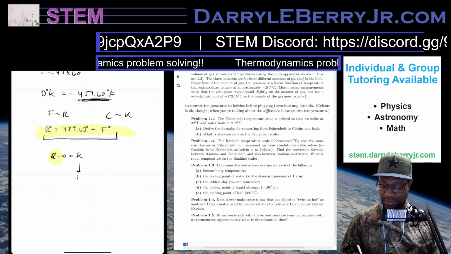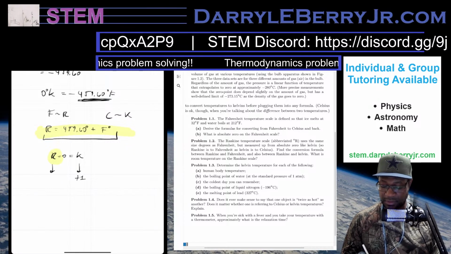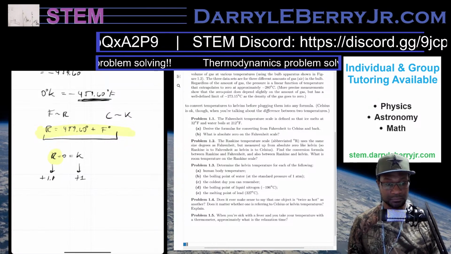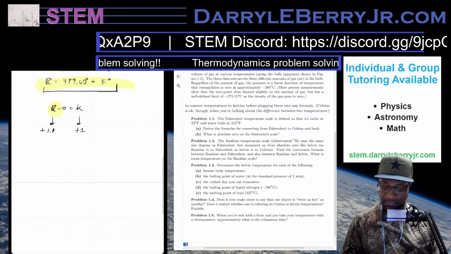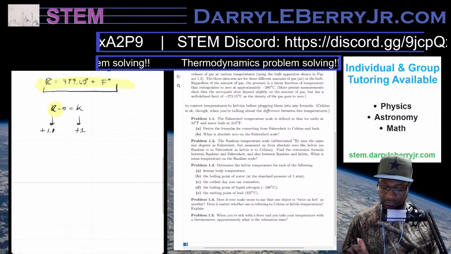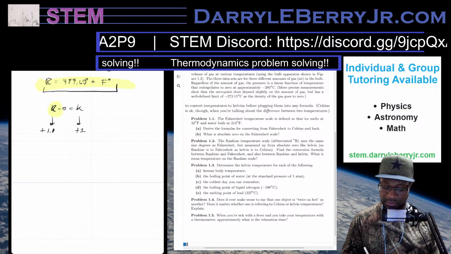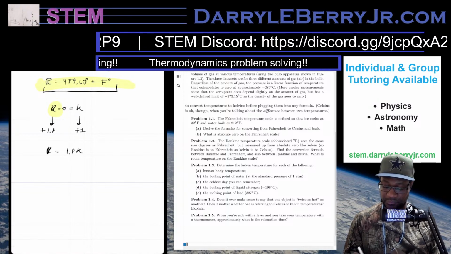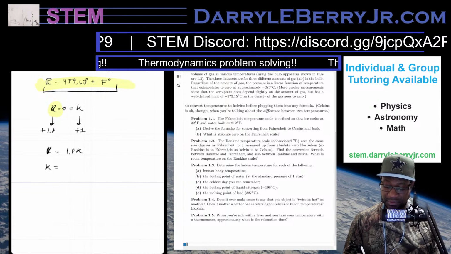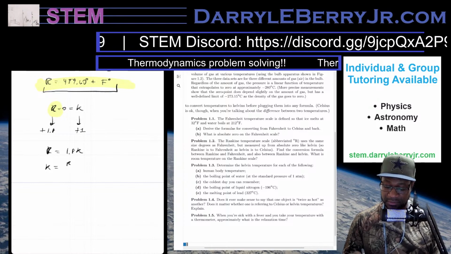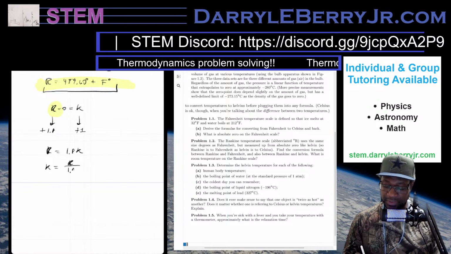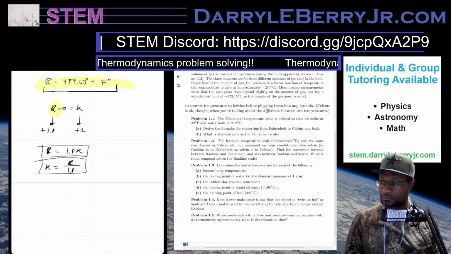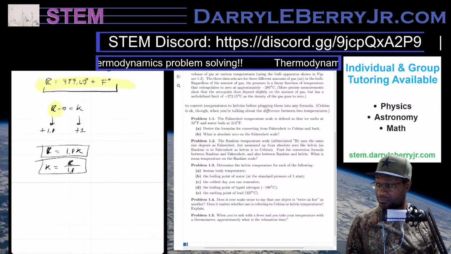As Kelvin goes up 1, Rankine goes up 1.8. So Rankine equals 1.8 Kelvin, where Kelvin equals Rankine divided by 1.8. Easy enough.